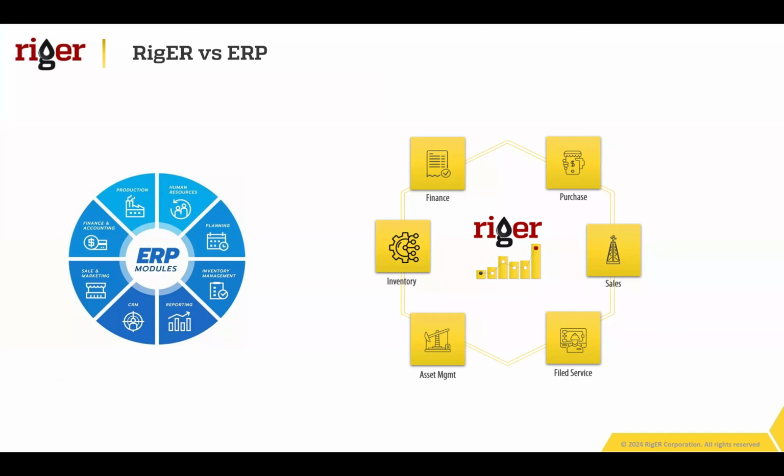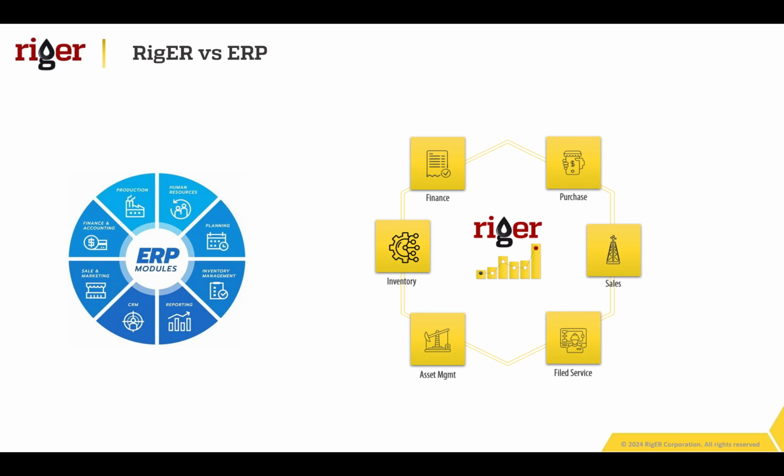Another difference between RigER and ERP is the needs of the users, the accuracy. The ERP requires accuracy equal to 1 cent for management decision making. We usually see that it's enough if you provide numbers faster and round them to thousands.